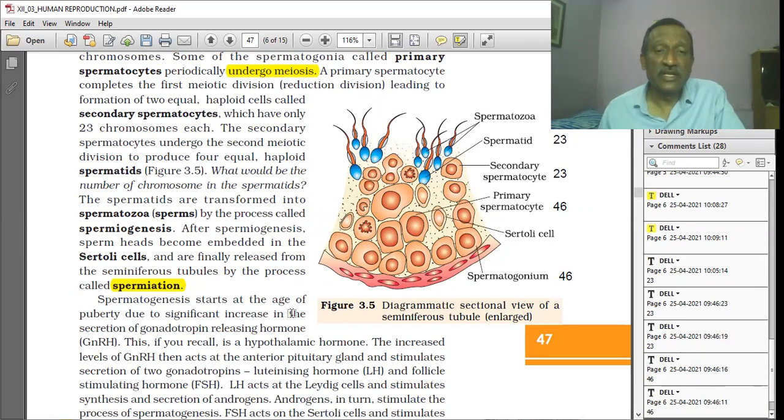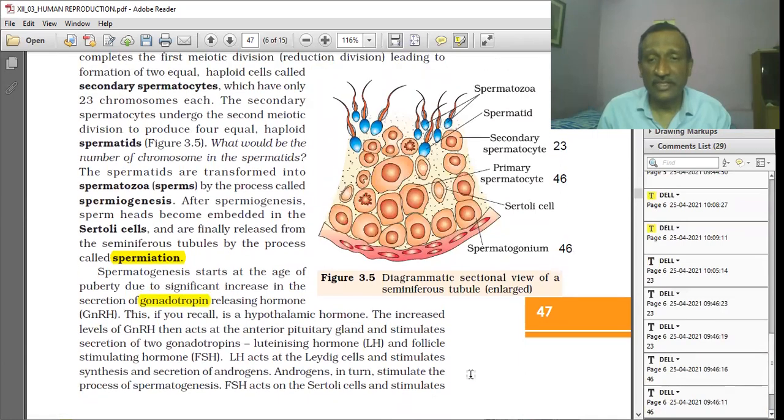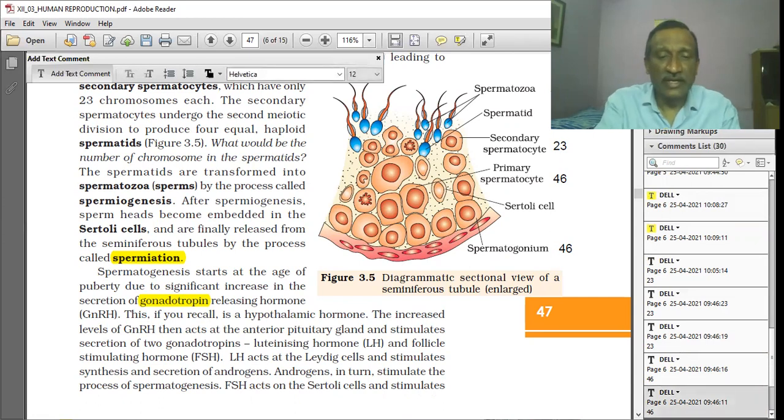Now spermatogenesis starts at the age of puberty due to a significant increase in the secretion of gonadotropin. You know gonadotropin means the two hormones, FSH and LH. Gonadotropin releasing hormone is secreted from the hypothalamus, which will induce the pituitary, and the pituitary will secrete these two hormones, FSH and LH, that will induce the testes. So the chain is: first is the hypothalamus.